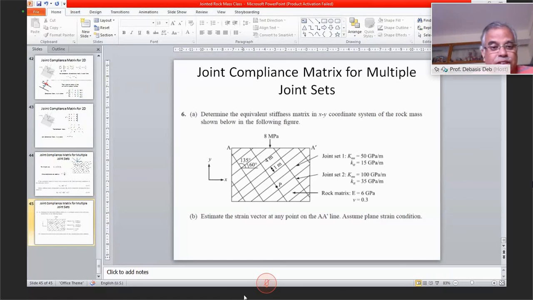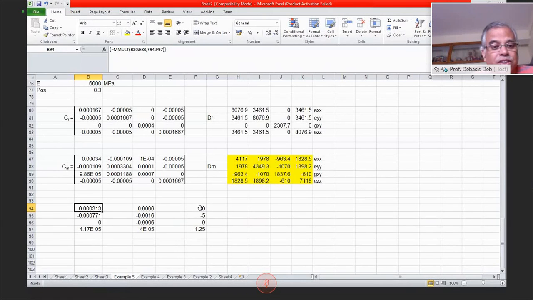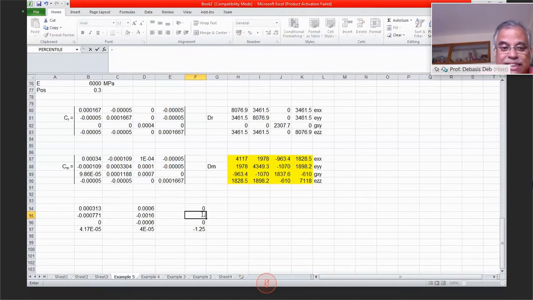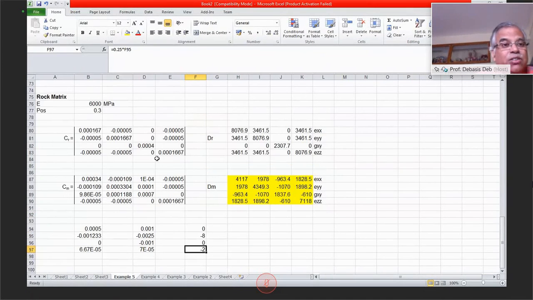Can I find that out? Yes, I can. So this is 0, so here I will use -8, and Poisson's ratio is 0.3, so this has already 0.25. Use this one.